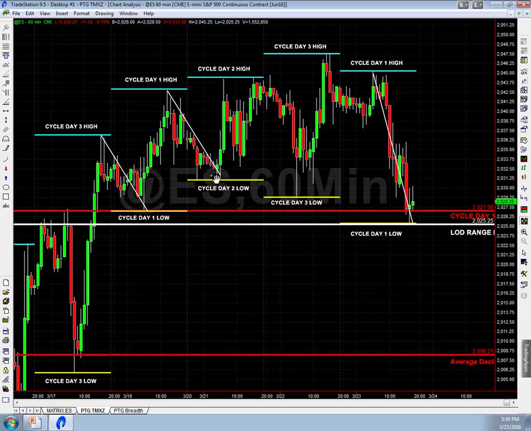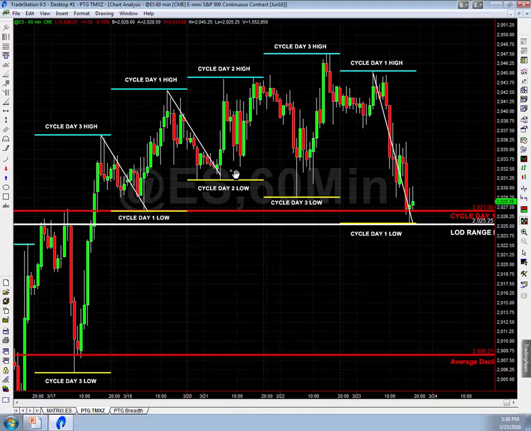Sometimes it tests the prior low, sometimes it creates a higher low. We don't know exactly, but we have an understanding of what may develop, and that's why we're actively assessing what's happening throughout the day. Remember, this is not a cookie cutter.